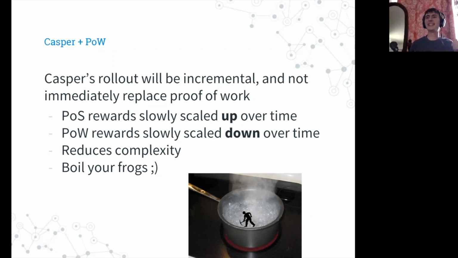The concept is that if we did this whole big fork with proof of stake in one go, there definitely would be a massive split, and the miners would keep their chain, and the users would keep their chain. This way, we can still reward the miners, but we reward them less and less over time, and we reward the proof of stake people more and more over time. That's the concept of why we would want to do the hybrid proof of stake, proof of work. So, any burning questions right now?